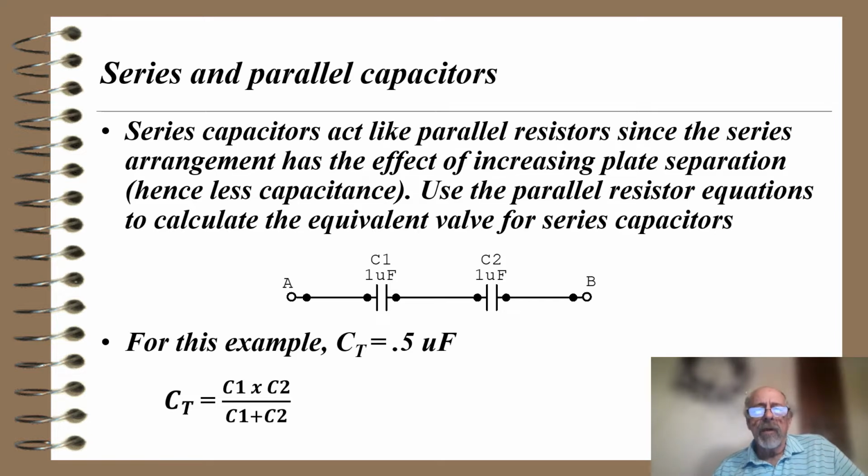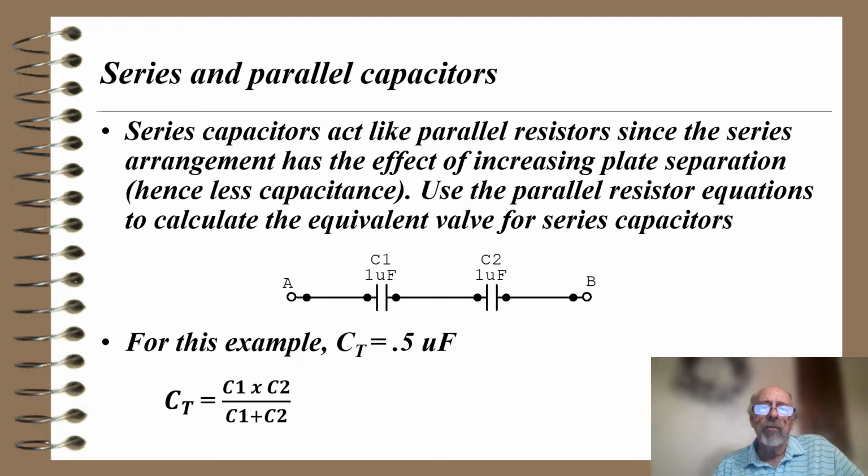So, series and parallel capacitors. Series capacitors act like parallel resistors, since the series arrangement has the effect of increasing plate separation, hence you have less capacitance. Use the parallel resistor equations to calculate the equivalent value for series capacitors.